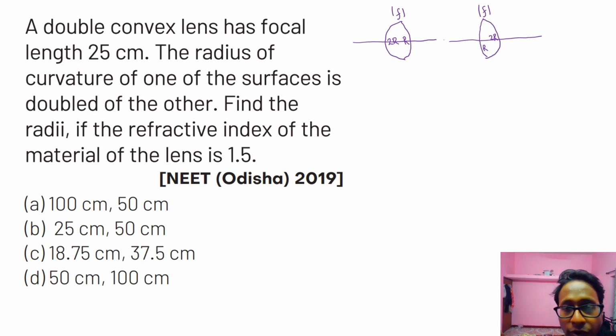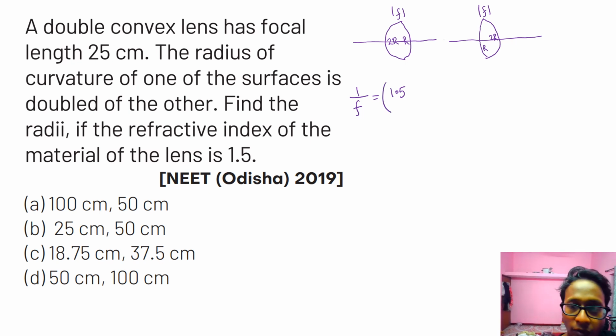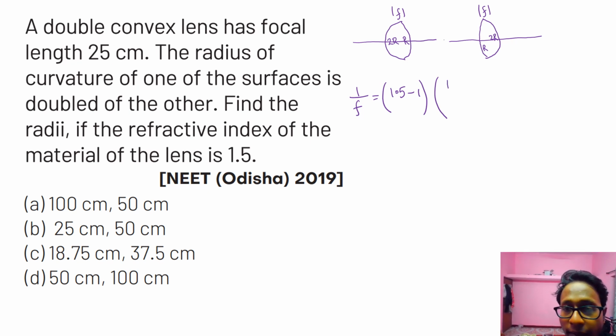So can I simply apply the lens maker formula? 1 by f is equal to mu l minus 1. What is the value of mu l? 1.5. The lens is operating in air, so the refractive index of air is nothing but 1, minus 1, into 1 by r1, or 1 by 2r, minus of minus 1 by r. Why minus 1 by r?